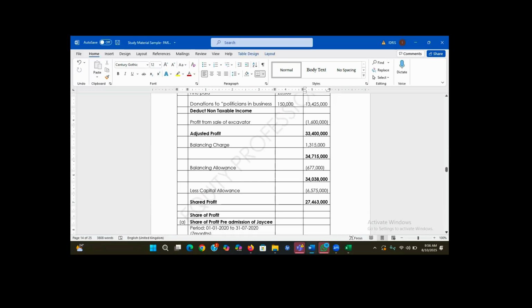Can you see how I less them? So the remaining profit is the profit that will be shared. This is the remaining profit: 27 million 463,000. That is the remaining profit that will be shared.